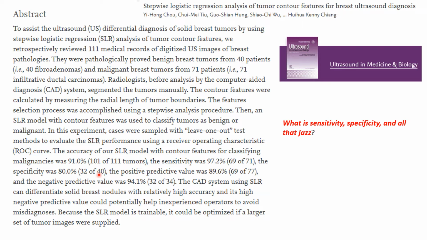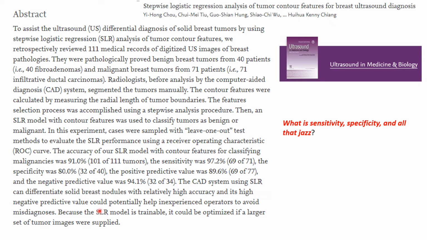And the positive predictive value was 89.6%, 69 of 77. And the negative predictive value was 94.1%, 32 of 34.